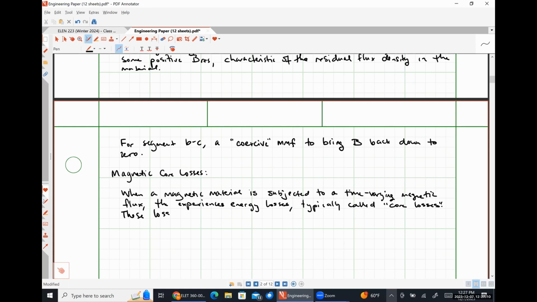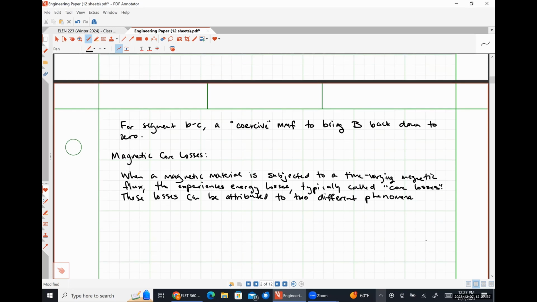These losses can be attributed to two different phenomena, whatever the correct plural of that is. So one of them is called hysteresis loss.